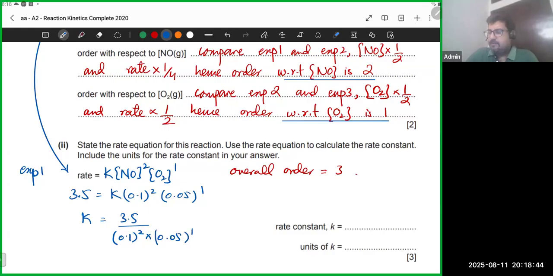If you have a calculator, try to solve this before me. What's the answer? 3.5 divided by 0.1 squared, times 0.05, with power 1, that is not squared.